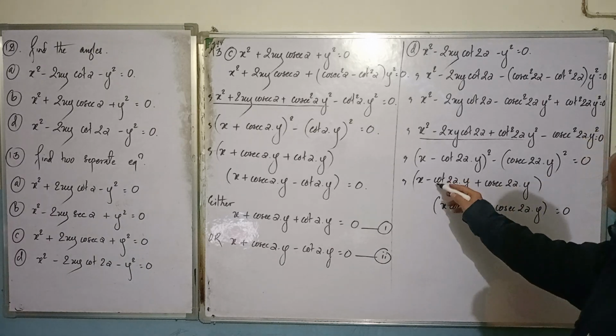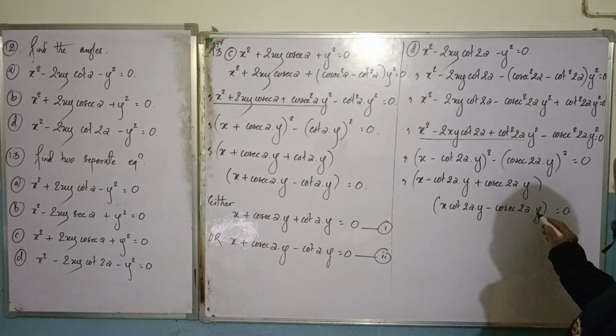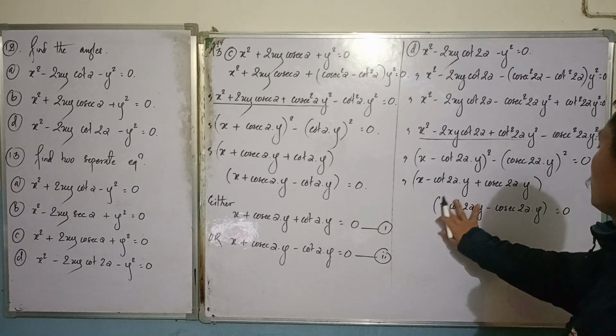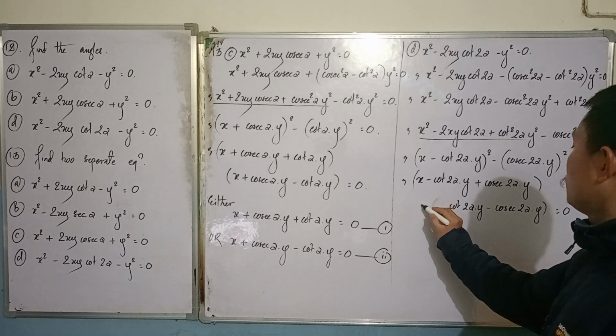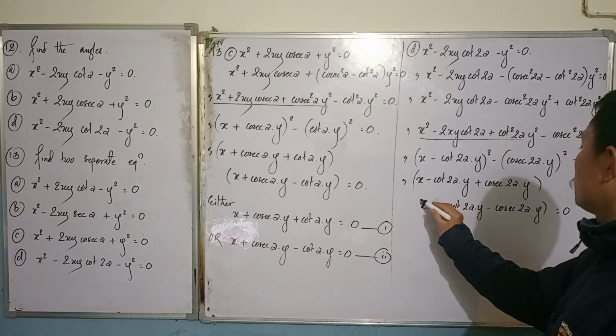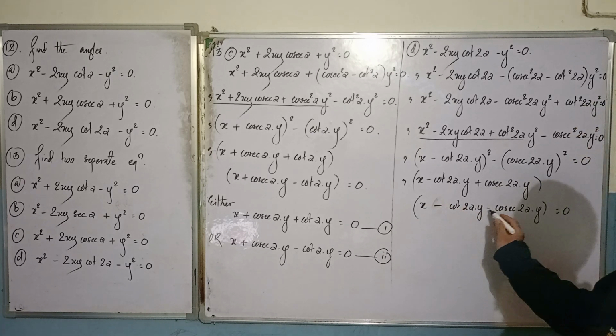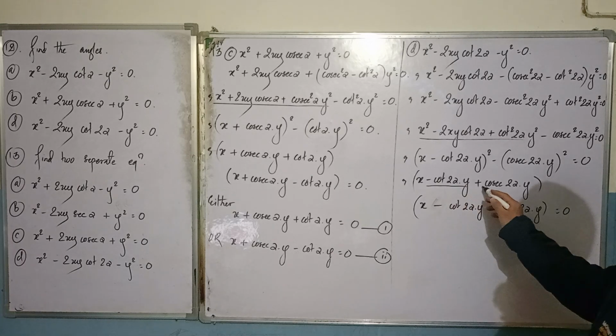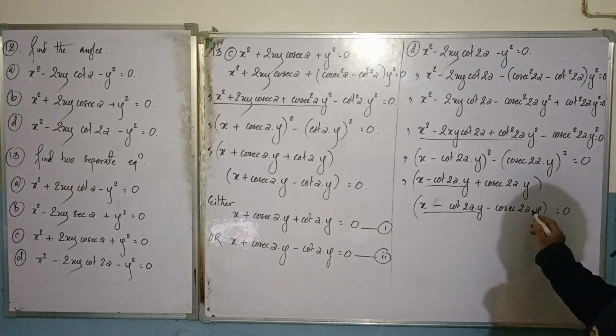So a plus b, oh my god, here you just forgot to write minus. So x minus cot 2 alpha y, a plus b, a minus b.